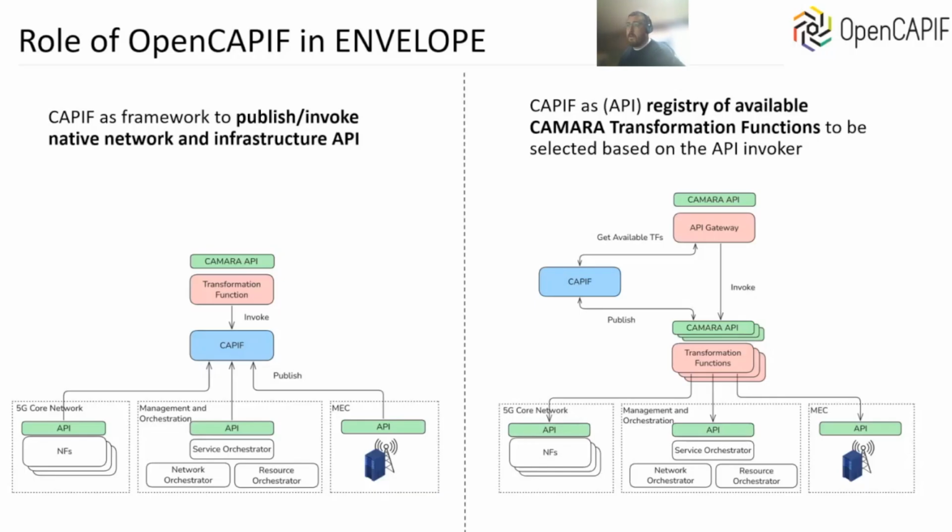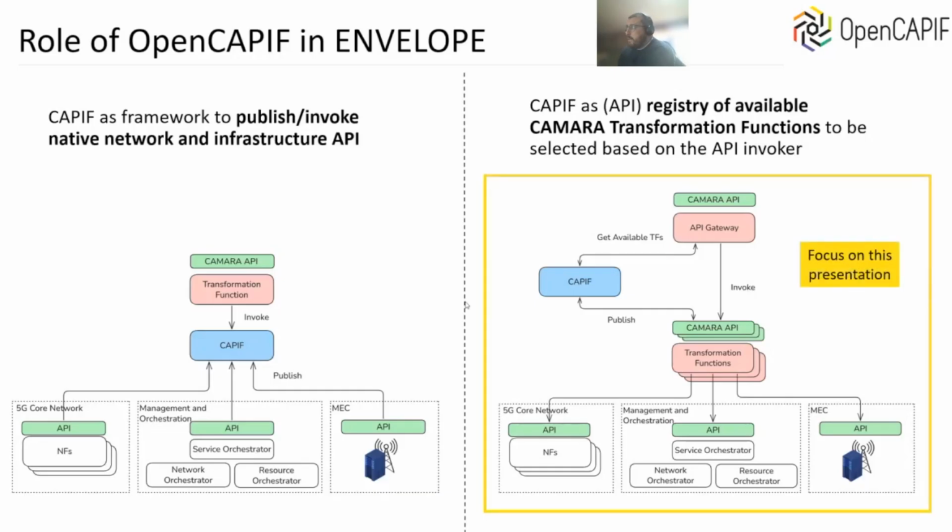First of all, starting from the low-level APIs like 5G core management and orchestration and MEC APIs, as you can see on the left, we are publishing these low-level APIs on CAPIF, and we are developing transformation functions towards the Envelope APIs like the CAMARA APIs. This is the standard architecture: publishing low-level APIs like the network APIs on CAPIF.